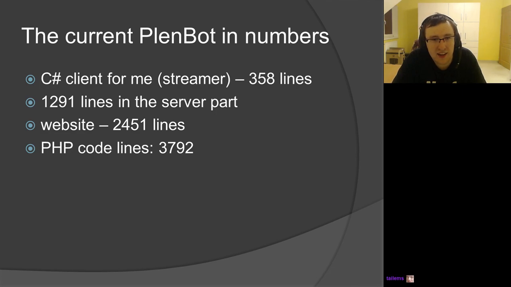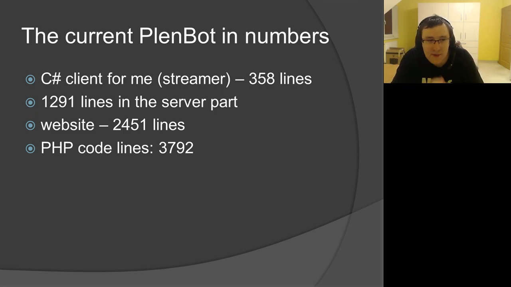And the C# client is 358, which is not much, but I'm only counting the lines I need for the custom stuff, since there are a lot of files which contain the assembly stuff. So I'm only counting the forms I need to do. So that was 358 lines only, which was in the end kind of nice.